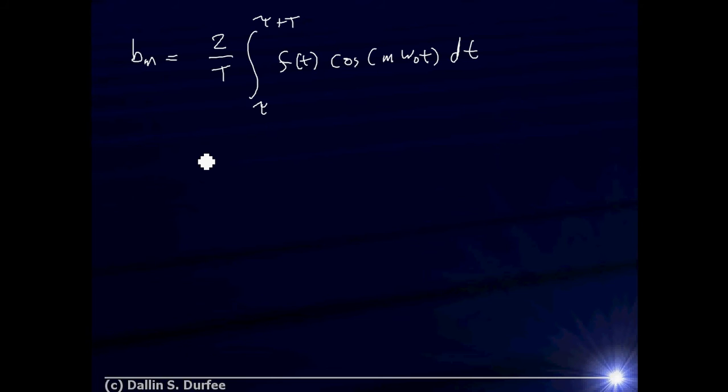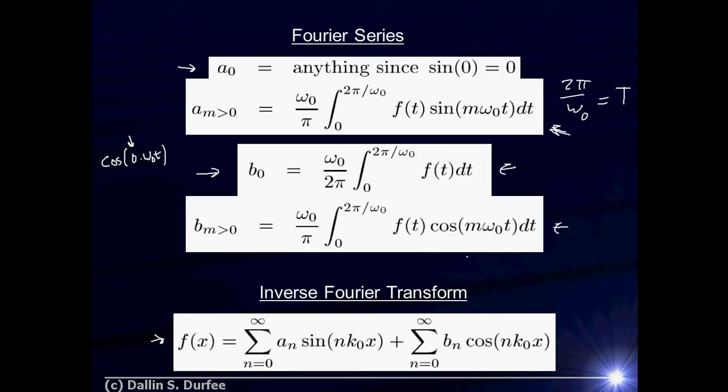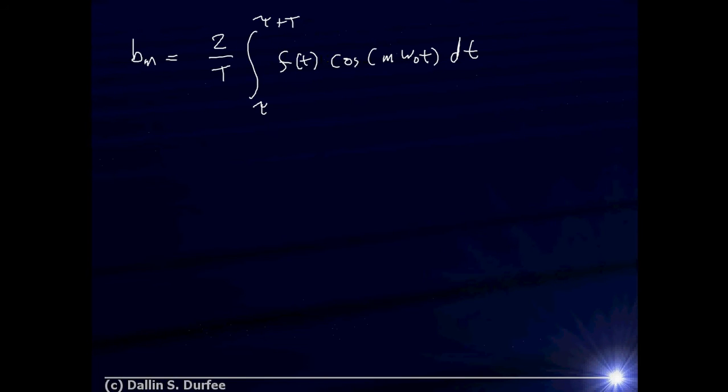Now, a few things to note. Once again, this doesn't look exactly the same as on the formula sheet up here, but that's because I have noted that the period is equal to 2 pi over omega naught and vice versa. It was easier to write with the period, so I wrote it that way.